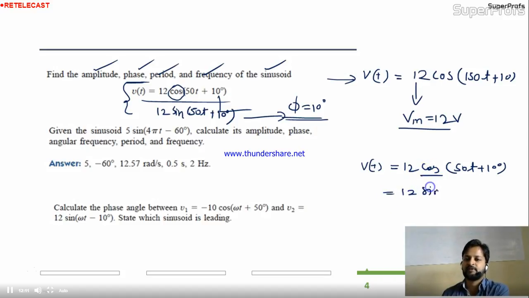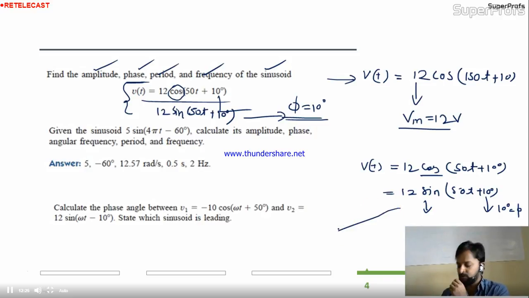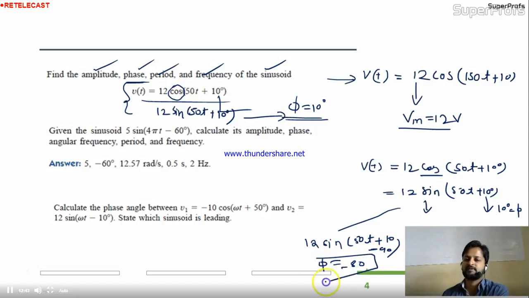If instead you have sin(50t + 10), don't directly say 10 is the phase. First convert it into the cos form. To convert sine into cos form, you subtract 90 from the phase. So it will be 50t + 10 − 90, which is −80. So the phase is −80 over here. Later I'll come to this point. Here, φ is directly 10 degrees.